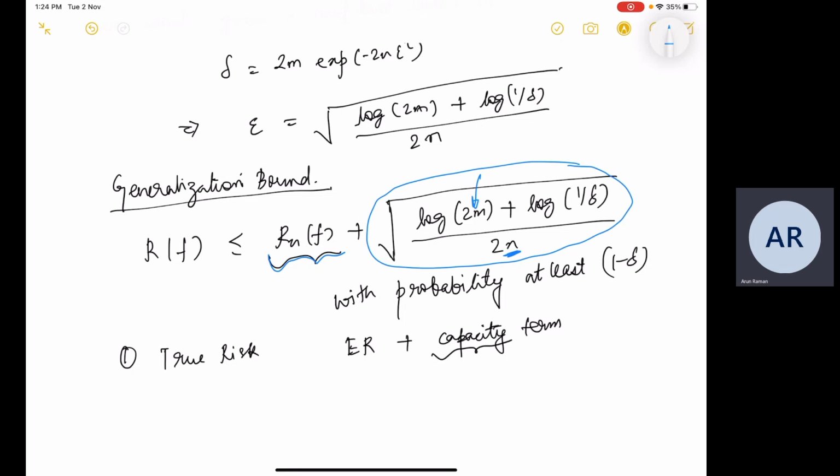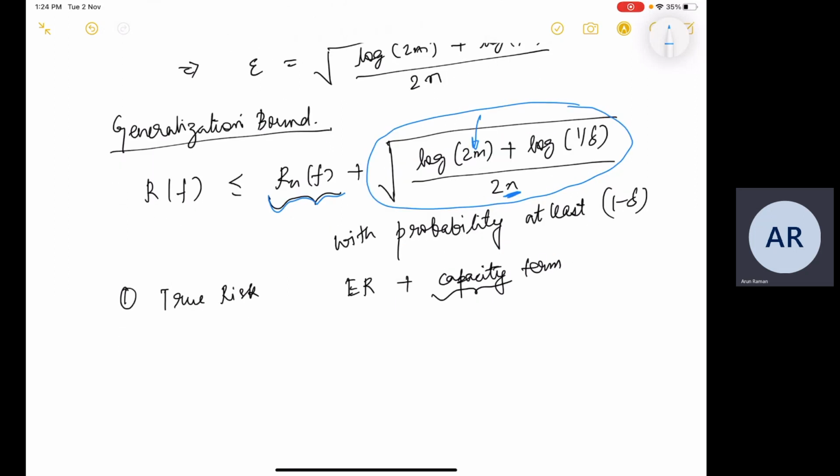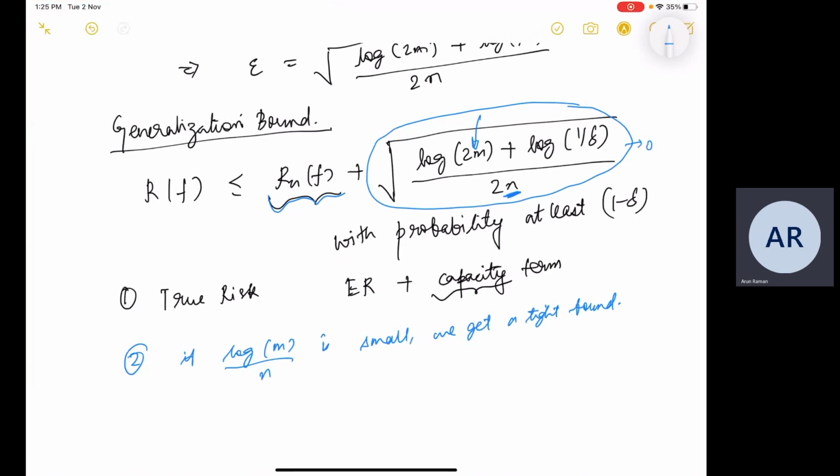So that is a sanity check. The other interesting observation is that if log m divided by n is small, we get a tight bound, because this term goes to 0. So these are the two observations on this.